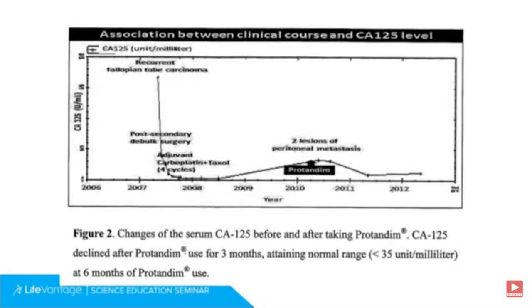And what they had done was they did a debulking procedure, did chemotherapy. This is the CA-125. It's a blood marker of cancer activity with ovarian cancer. And it went down to almost zero. And then the CA-125 level started going up. They found some mets in her abdomen, some metastases.